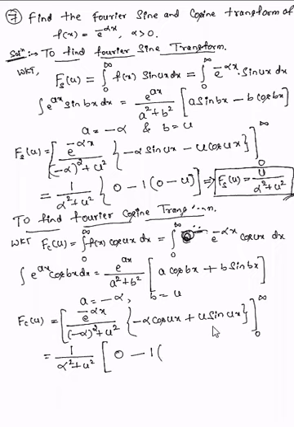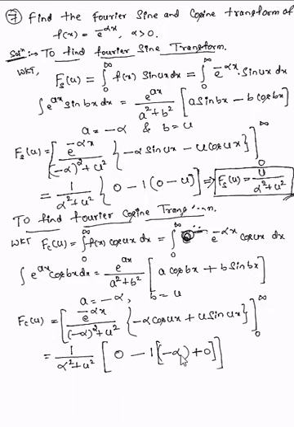Into, put x is equal to 0 inside now. Here if I put 0, this is cos 0, and you know cos 0 is 1. 1 into minus alpha, it is minus alpha, and this is plus, x is 0 means sin 0. Sin 0 is 0. So this term is 0. We get this.